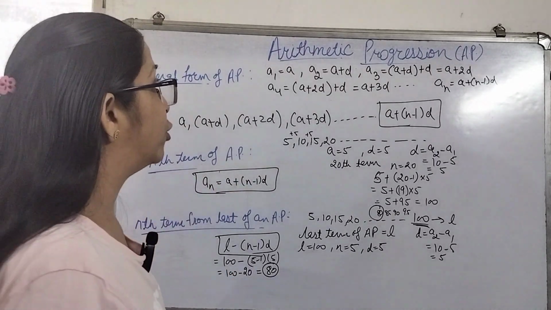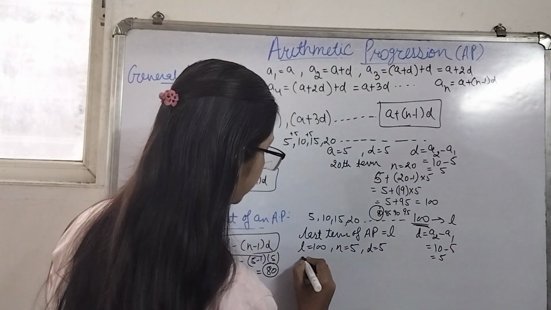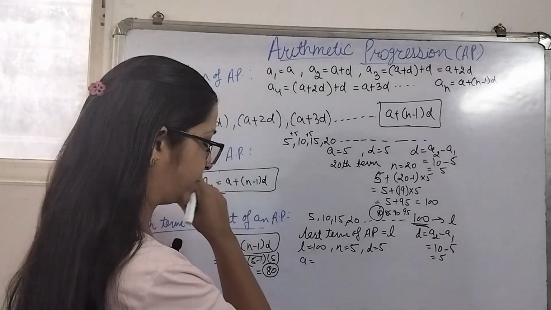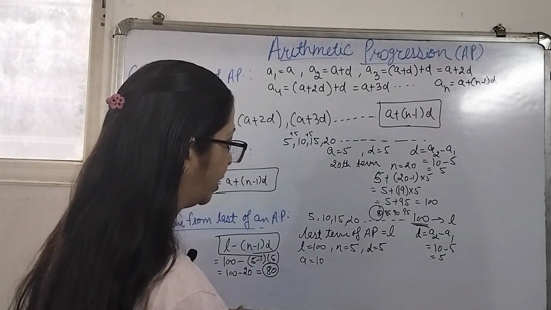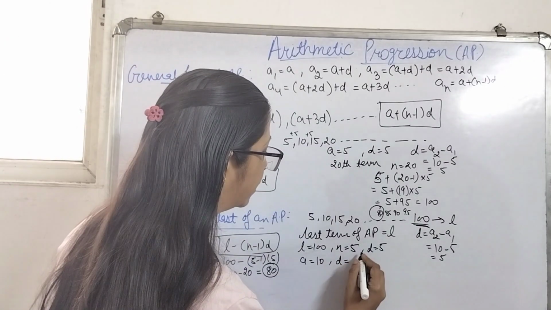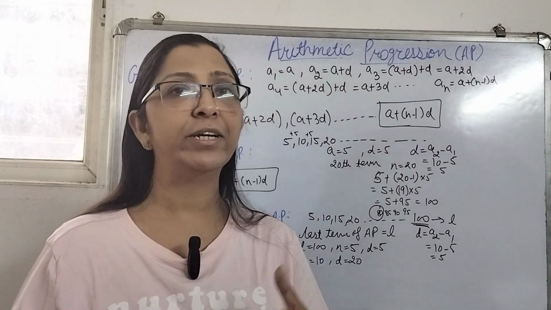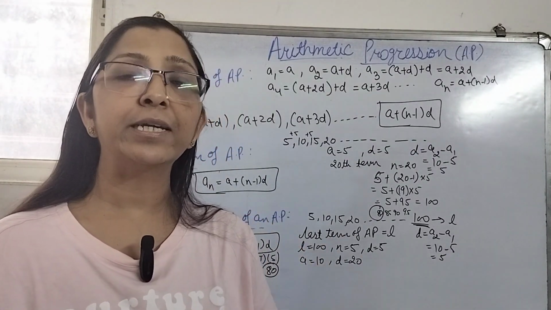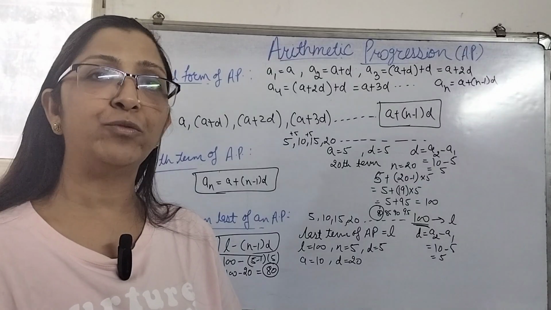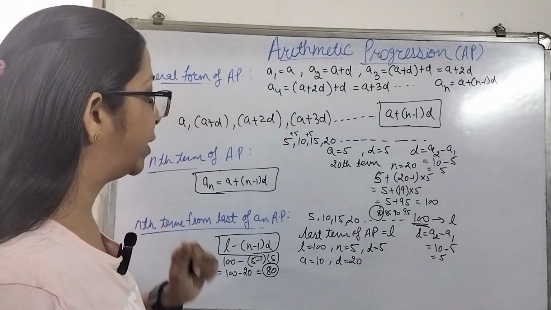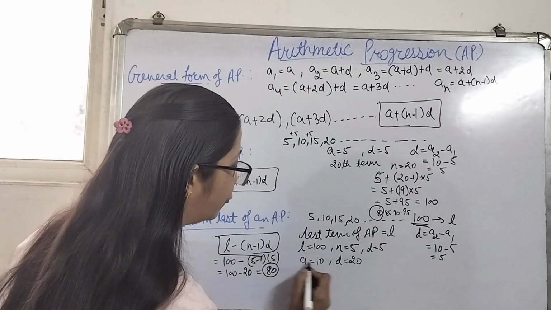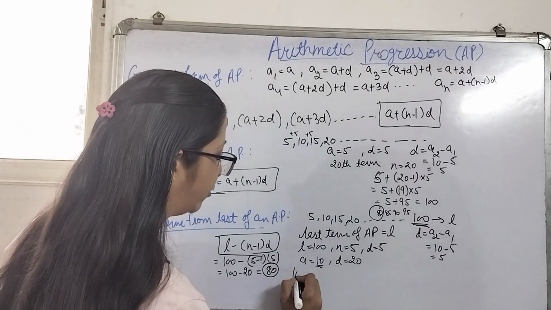And if the values of a and d are given to us, suppose the value of a is 10 and the value of d is 20, we can frame the sequence, we can frame the AP also. How can we do that? The first term is 10, so 10 we will be taking.